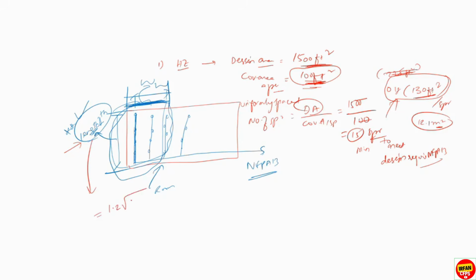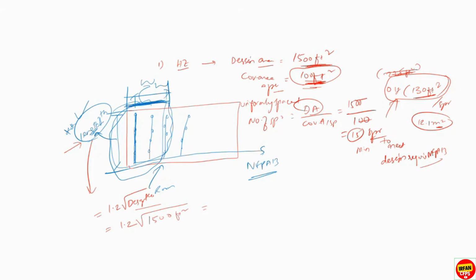Length is equal to 1.2 times root of design area. As I told you, this formula is applicable for uniformly spaced sprinklers. If you have non-uniformly spaced sprinklers, I will explain in the next slide. So for example, the design area for light hazard is 1500 square feet, right?